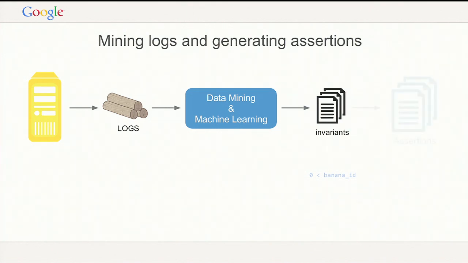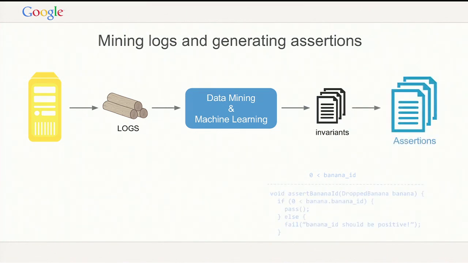After we have that information, we generate assertions, which are simply a form of test cases. Generating them is basically a matter of getting a template, running the invariants through that template, and then generating the actual executable test case itself. This summarizes exactly what we do. Today I'm going to talk about two different data mining and machine learning techniques that we use.